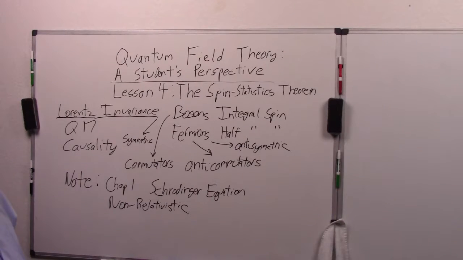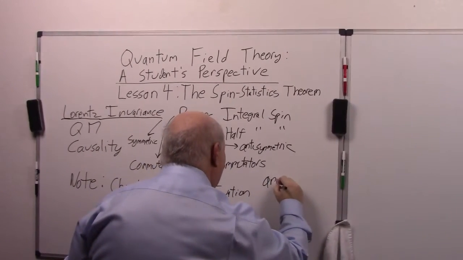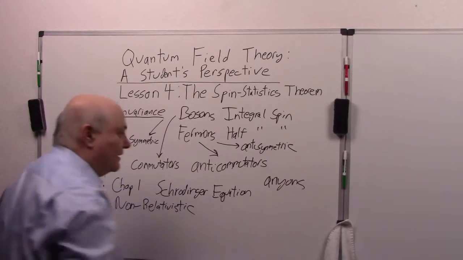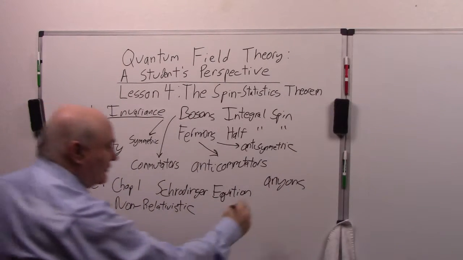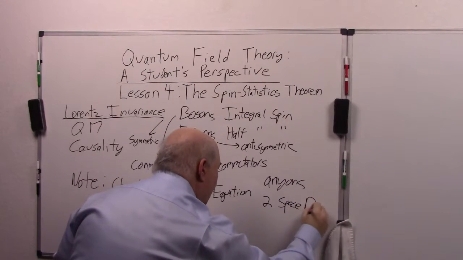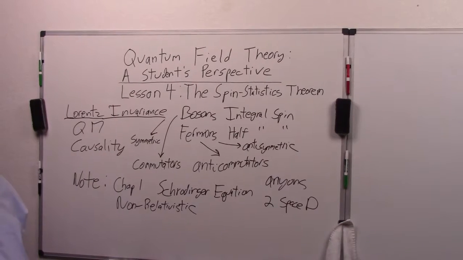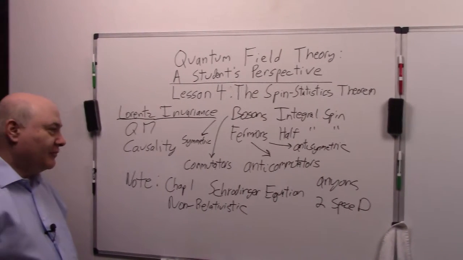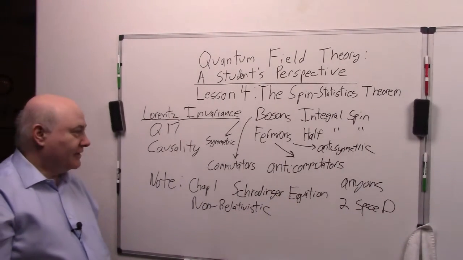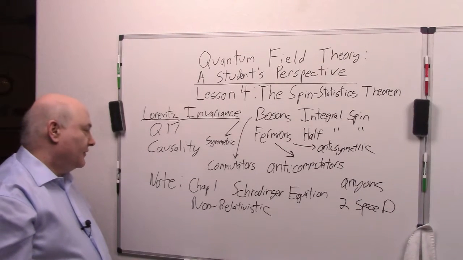These are called anyons. They're different than bosons and different than fermions, but they only apply in 2 space dimensions. So except when you're doing things with thin films and condensed matter, these don't really apply in quantum field theory. But you should be aware that there's an interesting topological effect in 2 dimensions only.